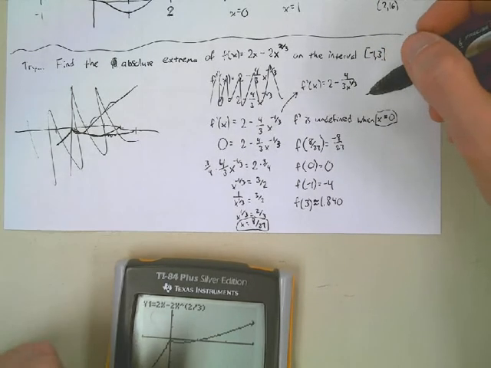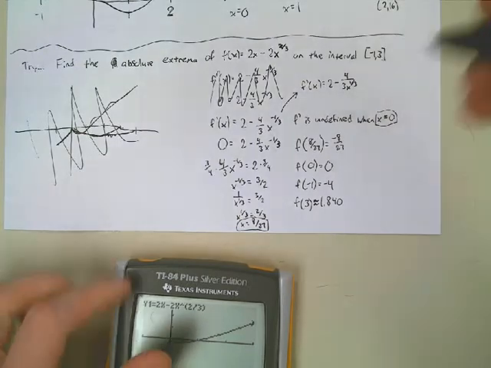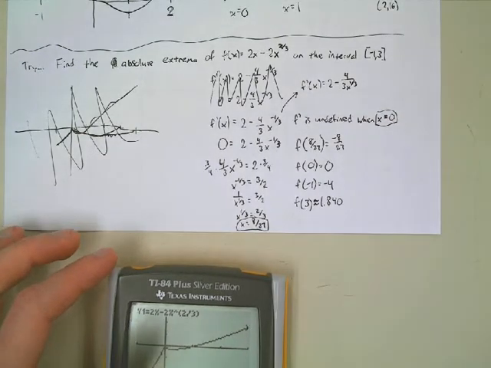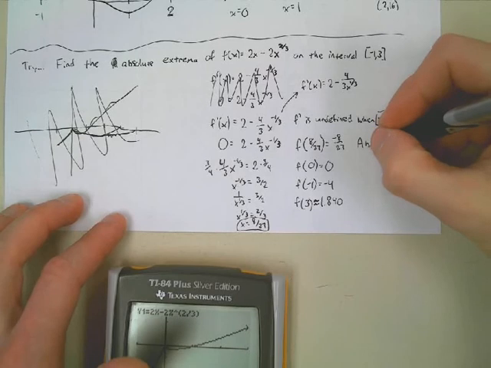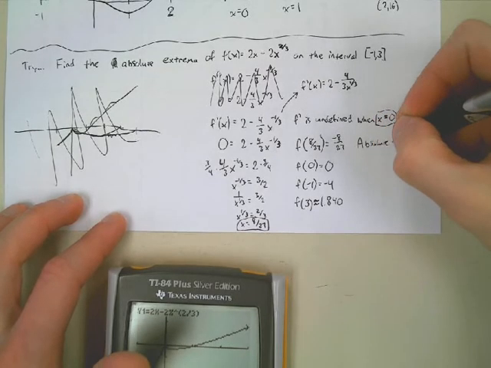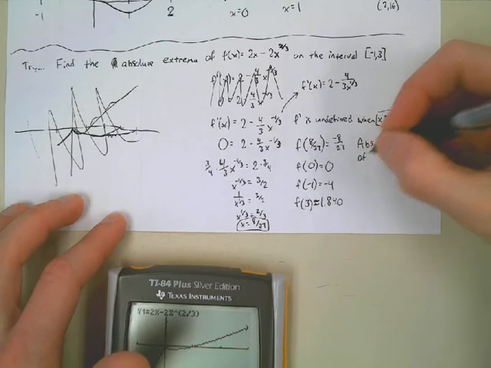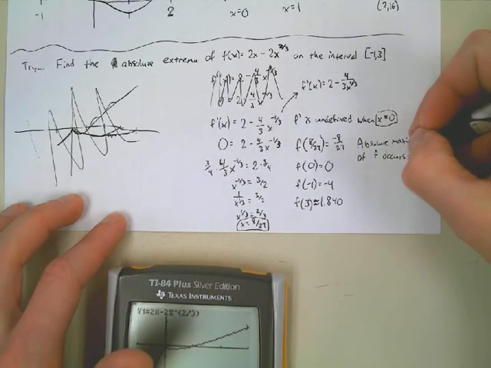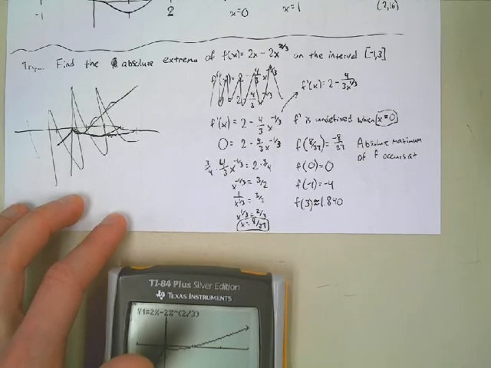Okay, so the absolute maximum of f occurs at what point? 3, approximately 1.840.